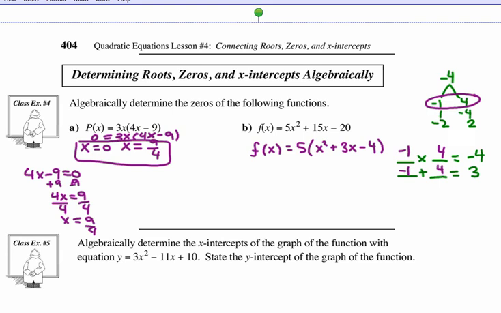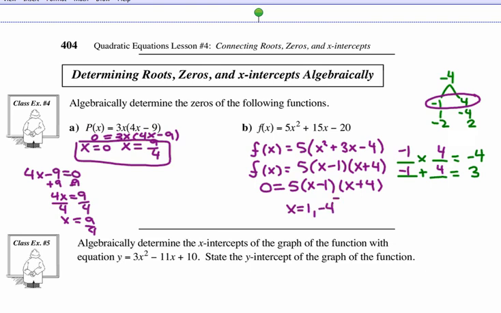Okay, so when we rewrite this, we write f of x equals, do we still write the 5 in front? Yeah. And now this becomes, it's simple, x minus 1, x plus 4. So what would be the zeros of this equation? We'd set this equal to 0. So what would make our equation 0? 1 and -4. x equals 1, x equals -4.